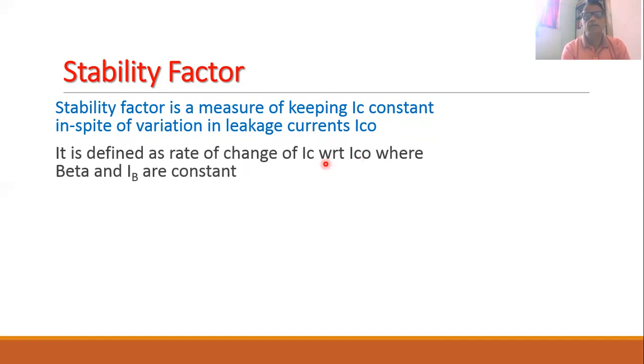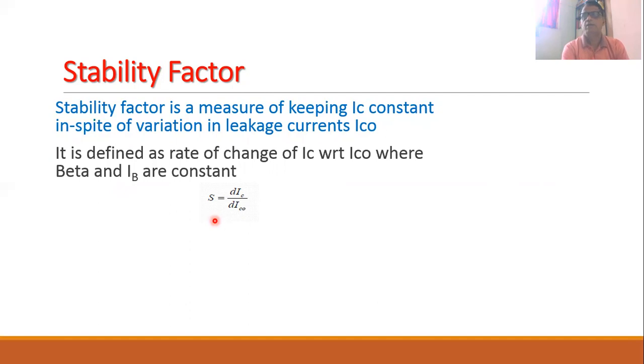The stability factor is defined as the rate of change of collector current with respect to the leakage current ICO. And the condition is that the beta of the transistor, that is the current gain of the transistor, and the base current IB are constant. We can write a small formula for the stability factor like this.